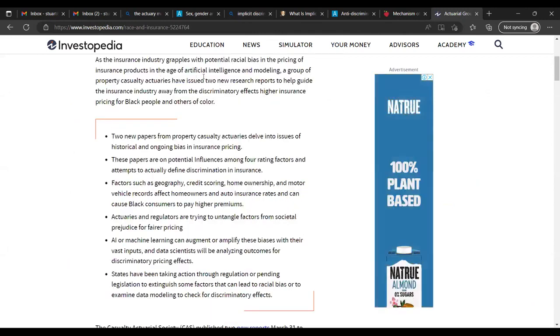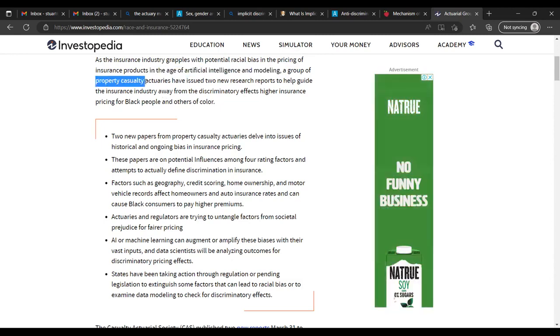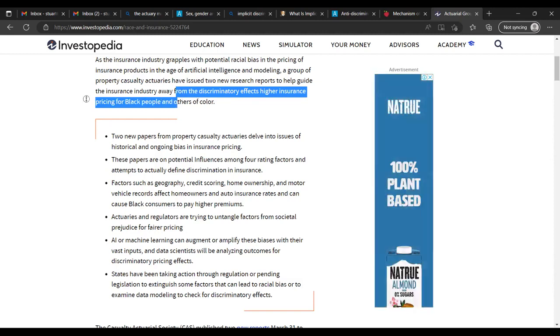As the insurance industry grapples with potential racial bias in the pricing of insurance products, in the age of artificial intelligence and modeling, a group of property casualty actuaries, so this would be non-life, have issued two new research reports to help guide the insurance industry away from discriminatory effects. Higher insurance pricing for Black people and others of color.